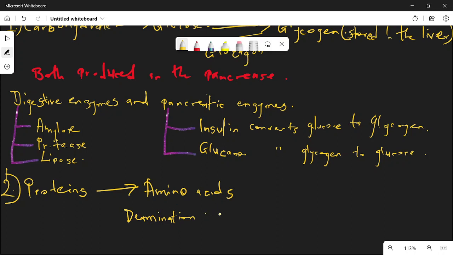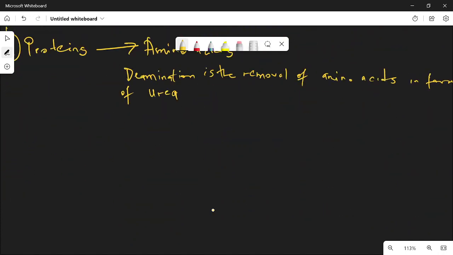Deamination is the removal of amino acids in form of urea. It cannot be stored in the body.